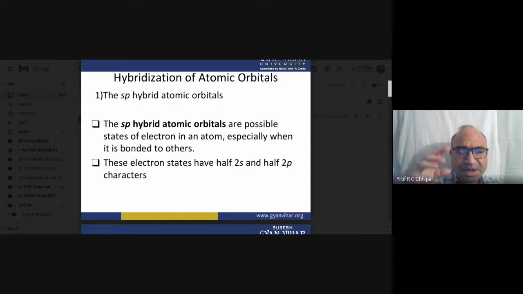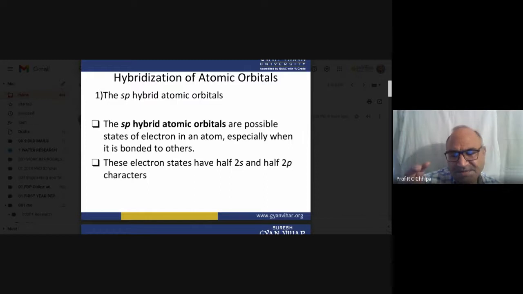So what happened? Here we can explain three different types of hybridization. One is the sp type, where one s atomic orbital and one p atomic orbital are mixed with each other. So this is sp hybridization, the first one. The second is sp2 hybridization, where one s and two p atomic orbitals are mixed with each other.